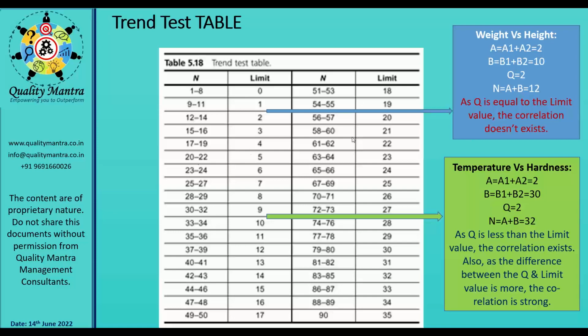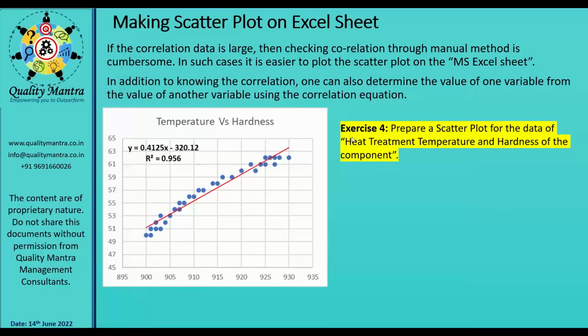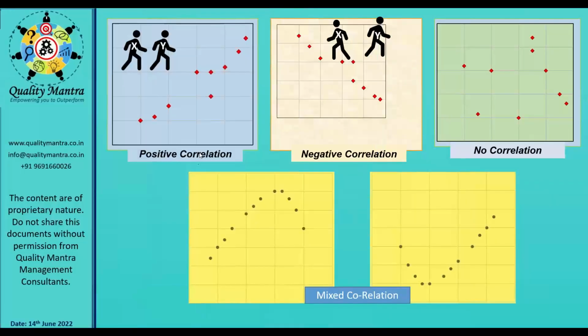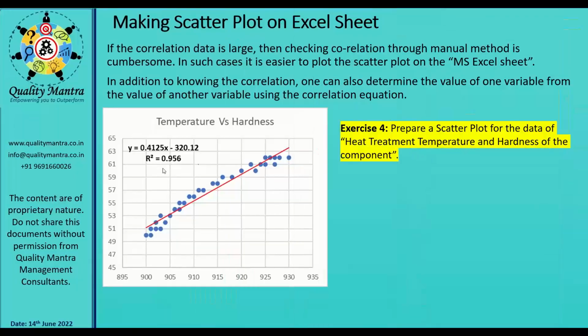Okay. So now we will move to how you are going to make a scatter plot on the Excel sheet. Also, I will let you know how you can plot your equation and what is the significance of this R square value. Got it?